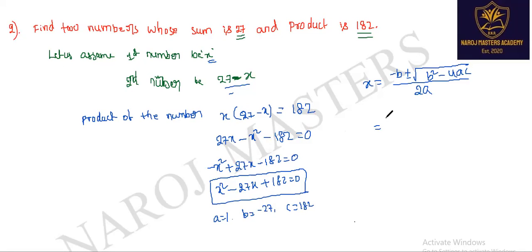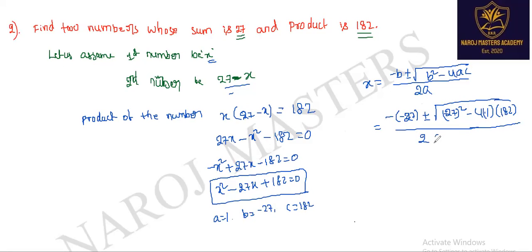So minus of minus 27 plus or minus under root of b square, means 27 square minus 4 into a is 1 into c is 182, divided by 2 times a. 2 into a is 1.